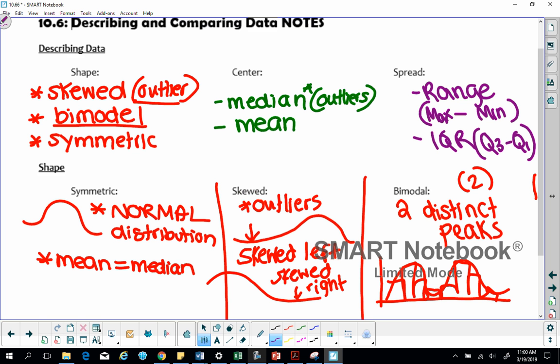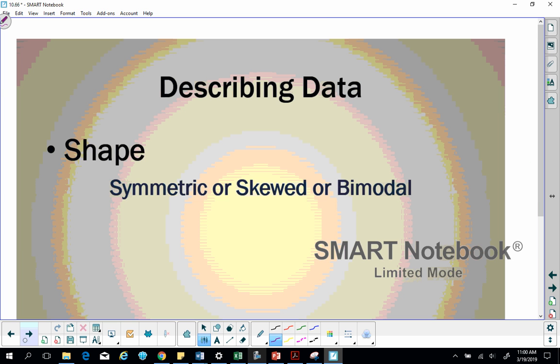Does everyone have this down? I'll give you another 30 seconds. I want you to go through those little graphs on the bottom and see if you can write what they are. Are they skewed left, skewed right, bimodal, or normal distribution? It's 5 different ones, so you're labeling them. If you need this back up, I can put it up later.